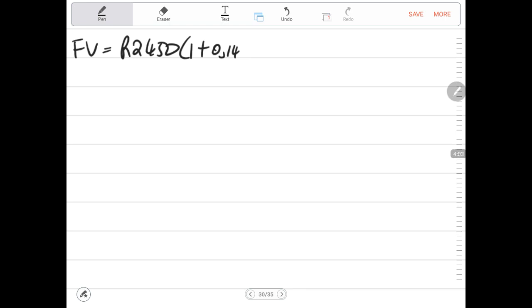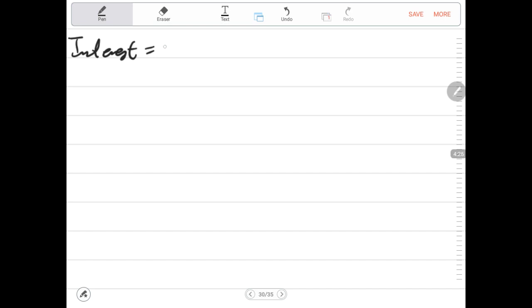Let me first calculate interest first before the future value, because now it will be a little bit more complex in this way. Let me just calculate the interest for the number of days. Then the interest, I wanted to include that in the future value.